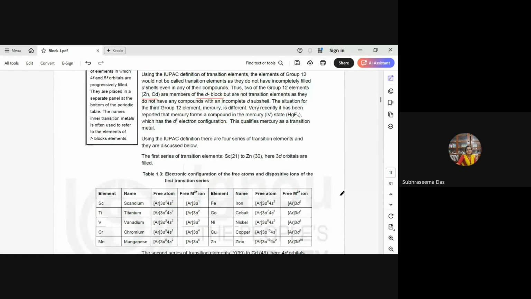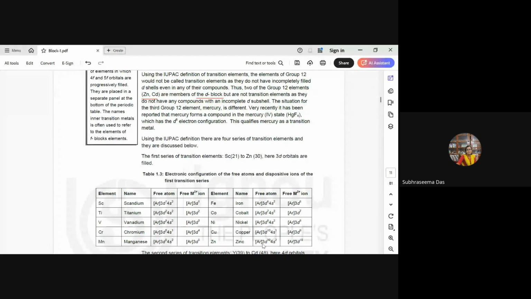Then the transition elements have been divided into 4 series. The first series of transition elements consists of scandium to zinc, from scandium 21 to zinc 30, where the 3d orbitals are filled.